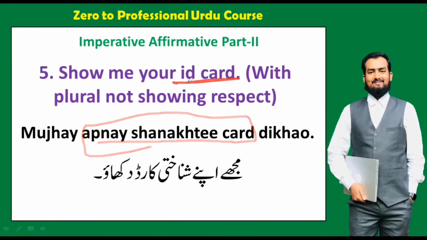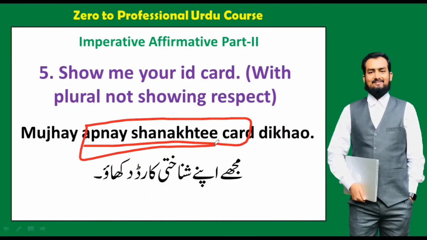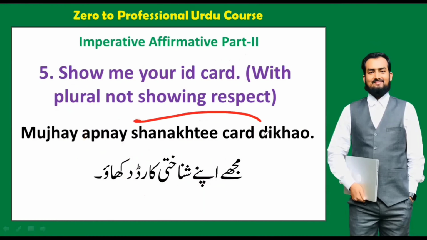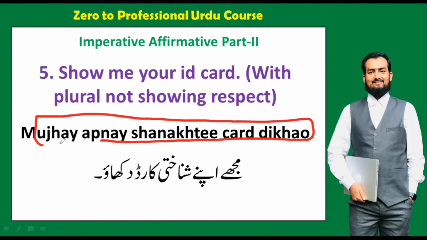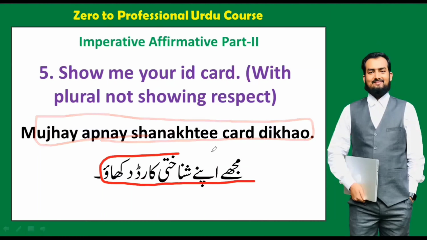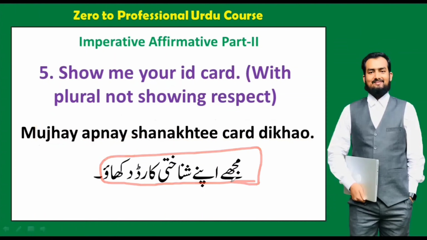So ID card means शनाख्ती card. Okay, and the word शनाख्ती card, it is used as masculine, and that is why we told here अपना. And here we told अपने because in the context of plural. Okay, your ID cards in the meaning of each, for each. So मुझे अपने शनाख्ती कार्ड दिखाओ.